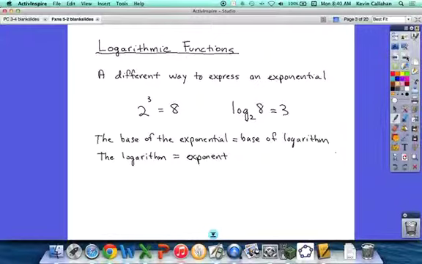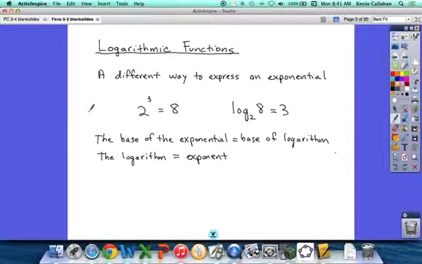With logarithms, you would write that same relationship as saying the log base 2 of 8 equals 3. And we'll talk in a minute about why would we do this. There was a real reason we did it. It's very important in the history of science, the fact that they came up with this way of representing this relationship.